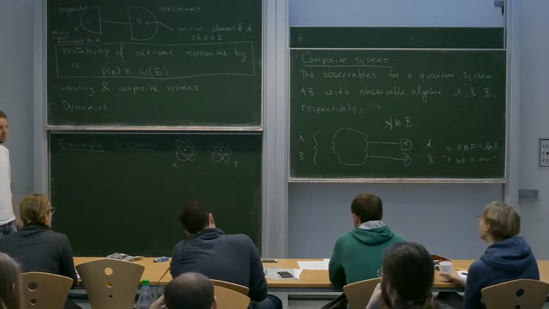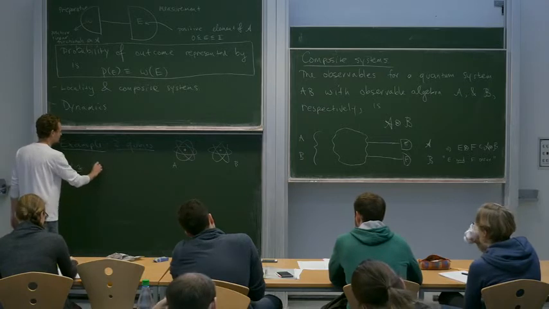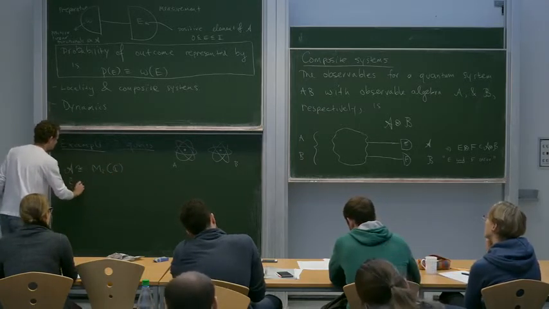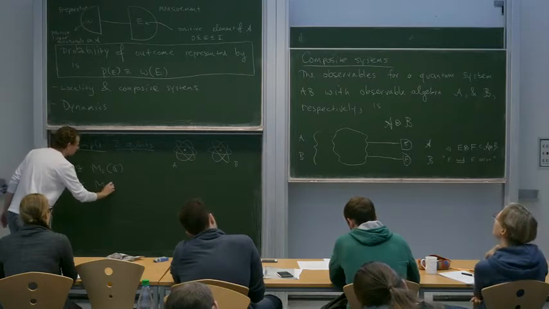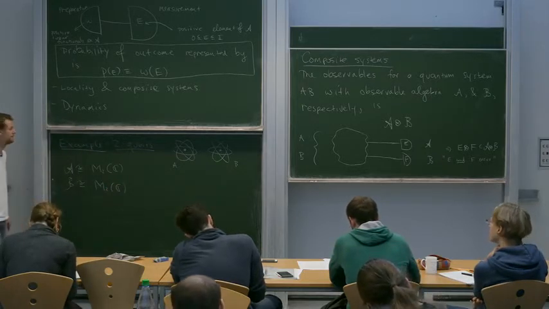The observables for a qubit are just the 2 by 2 matrices. The observables for the other qubit, well, also just the 2 by 2 matrices.